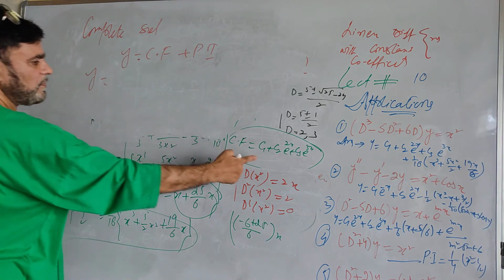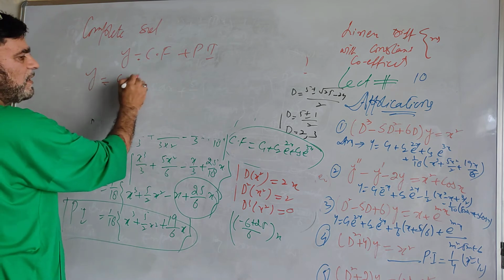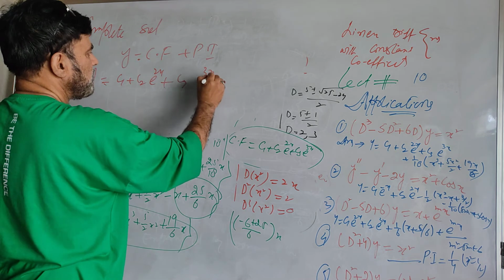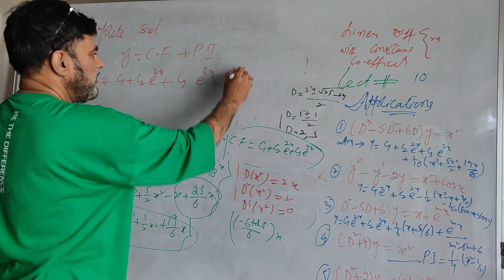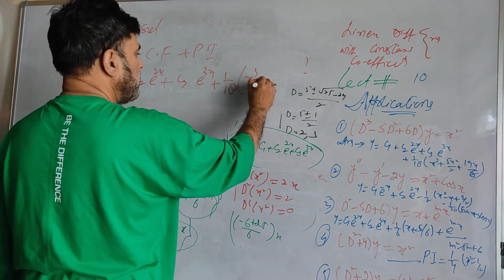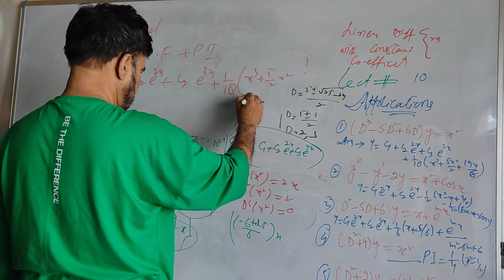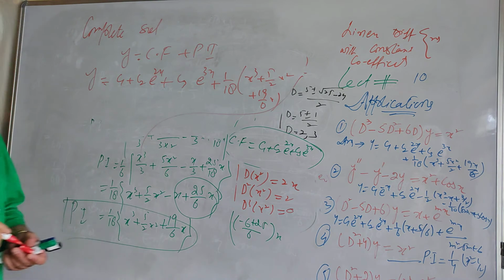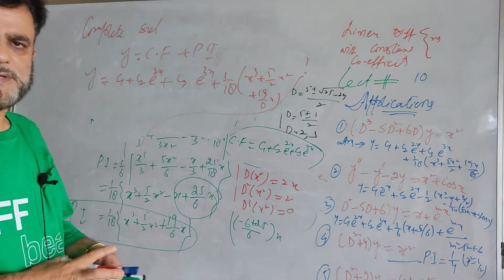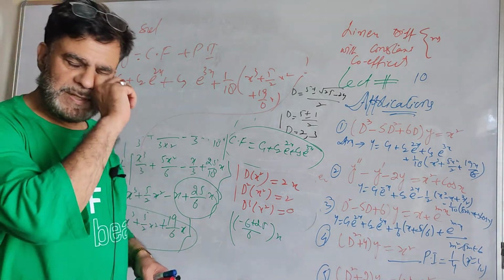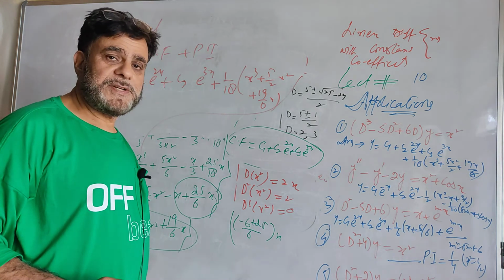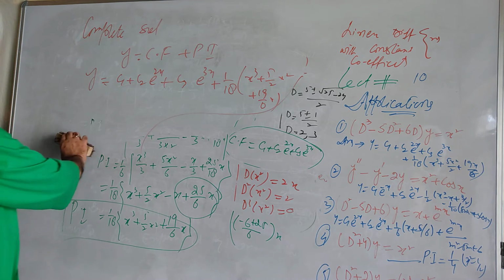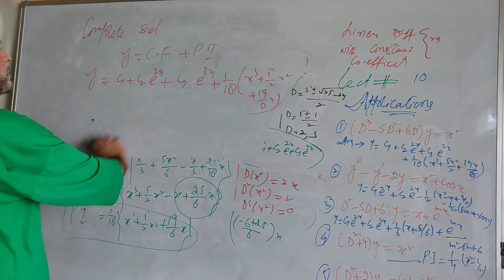So y is equal to c1 plus c2 e raised to the power 2x plus c3 e raised to the power 3x, and the particular integral is 1 by 18 times x cube plus 5 by 2 x square plus 19 by 6 x. This is your complete solution. This is how we go when the right hand side is a function of x, or an expression involving x, a polynomial in x.